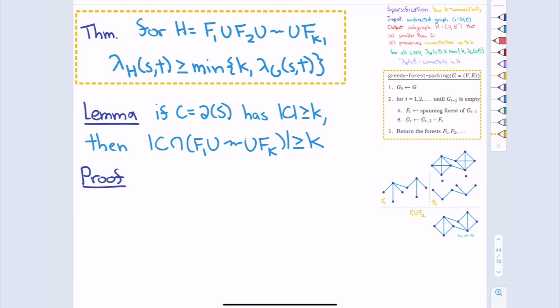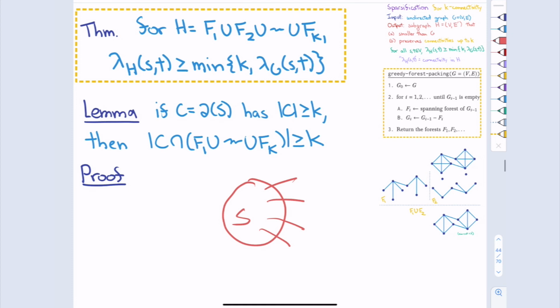If I have some cut, and it has at least k edges, then the claim is that if I look at just the first k forests, those k forests will have at least k edges from that cut. So I drew a circle around the set of vertices S.